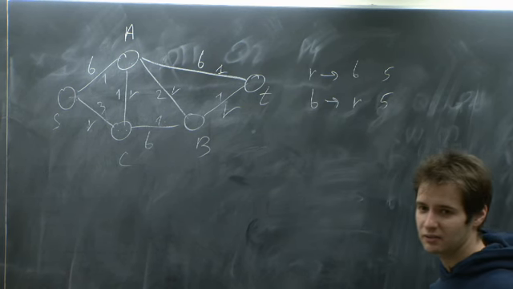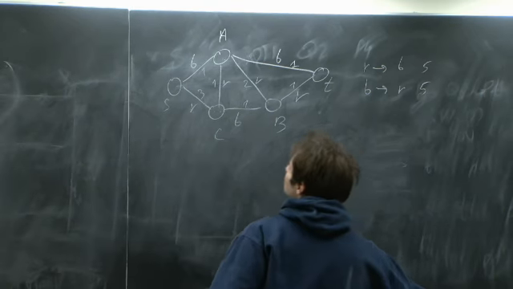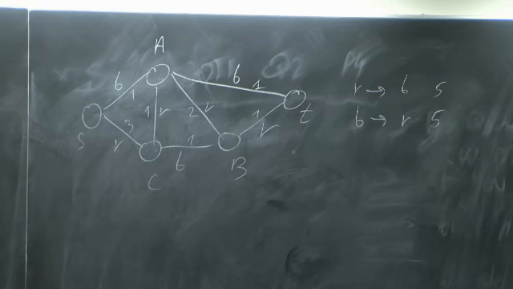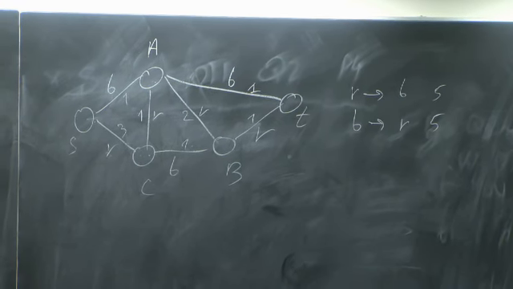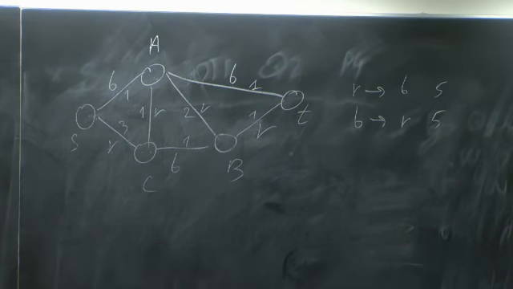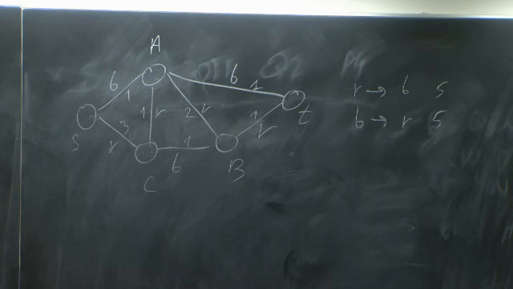And I'll let you guys think of it for a bit while I erase the board. What's your goal with finding the best path from S to T? Smallest total cost.